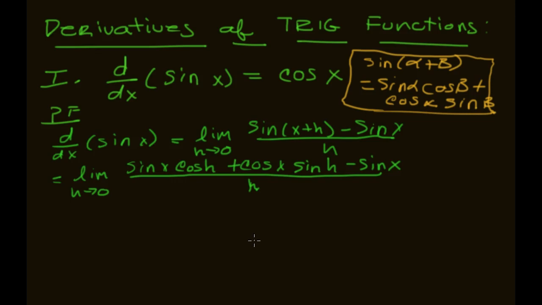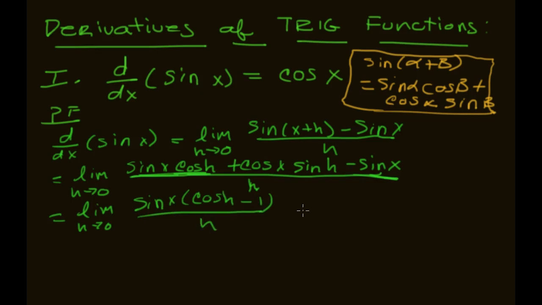That made a big mess, but if I do a little bit of rearranging, I can rewrite this as 2 separate limits. I take this piece and this piece and bring them together: the limit as h approaches 0 of sine x times cosine h minus 1 all over h.